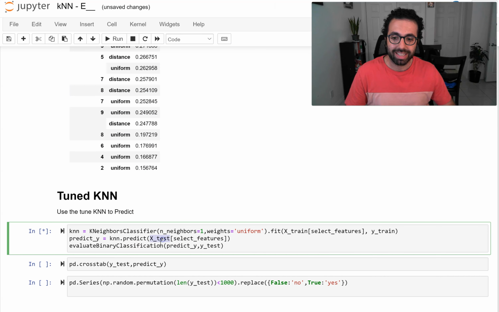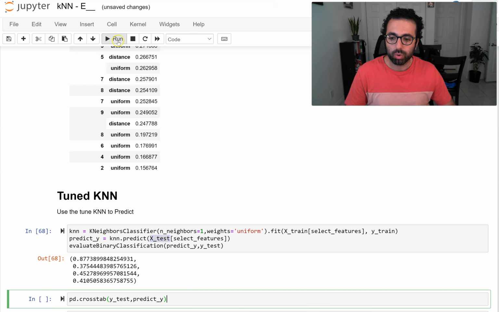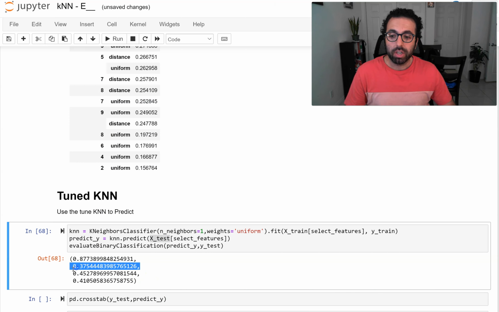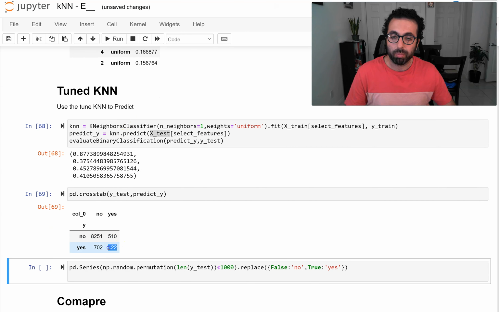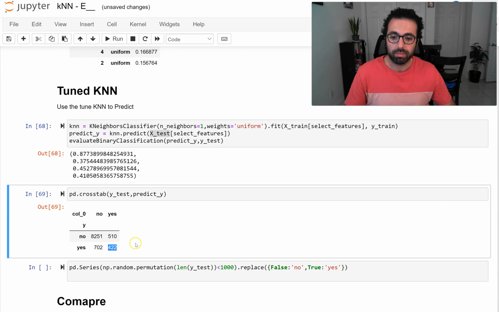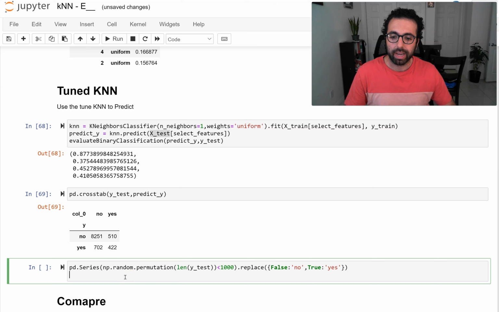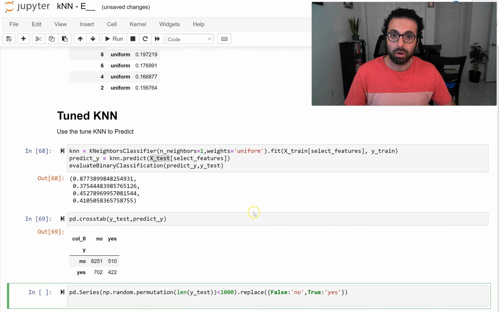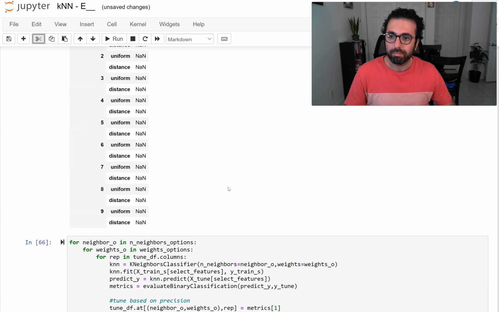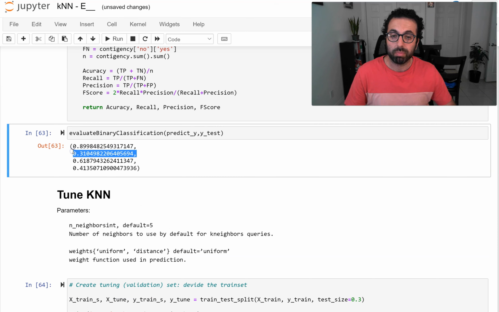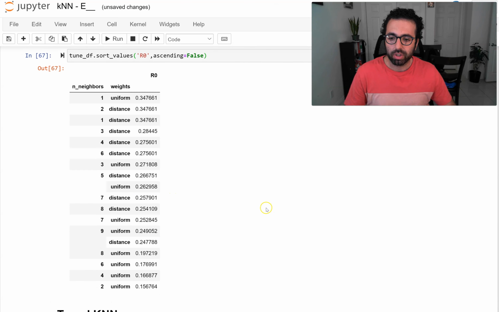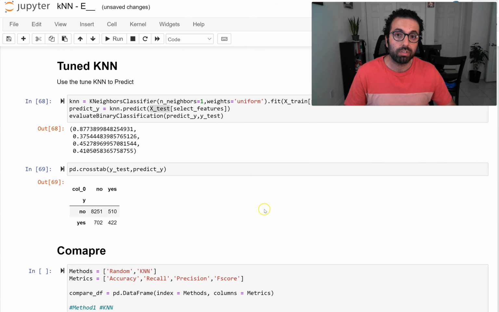Now we are predicting the test set, and we see that the recall has improved, and also we check that we have many more yes cases, and that's promising, because using the tuning, we're able to improve the performance metric that is important for us to improve, basically.